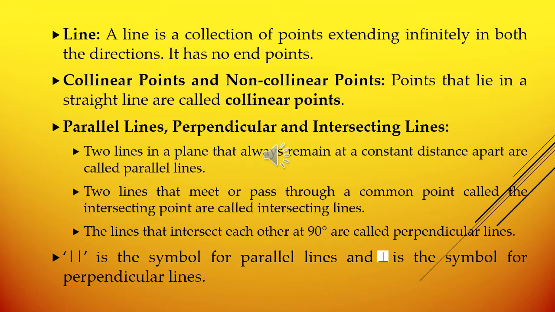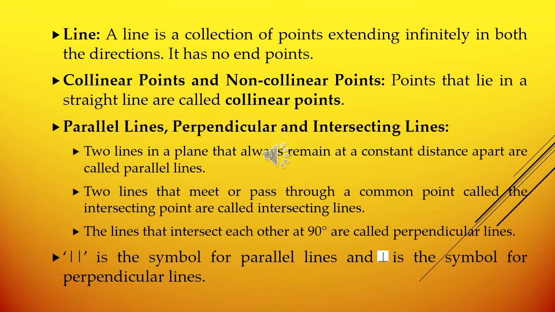Now comes the perpendicular lines. When the two lines intersect each other and pass from one common point and intersect at 90 degrees, when they cross each other, they make an angle of 90 degrees with one another. They are called perpendicular lines.